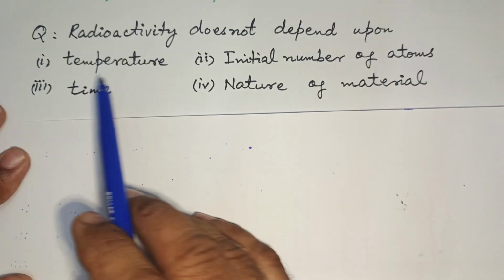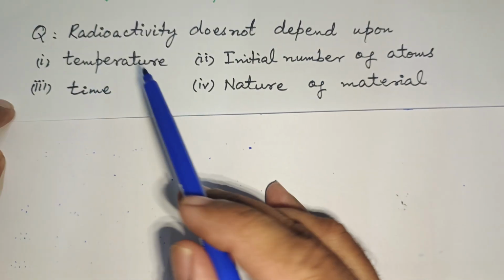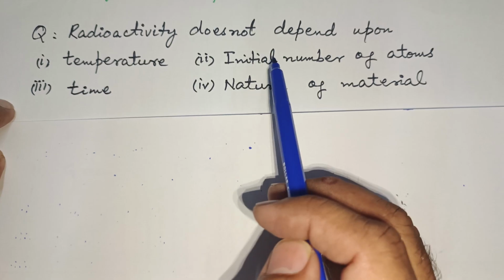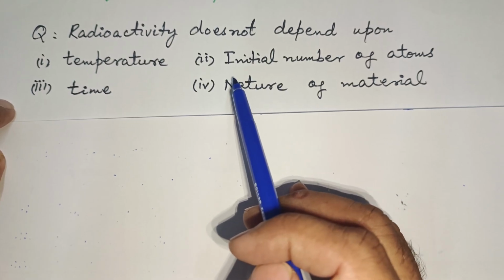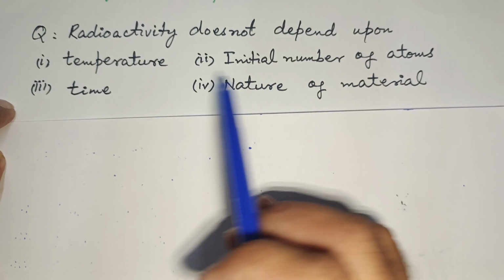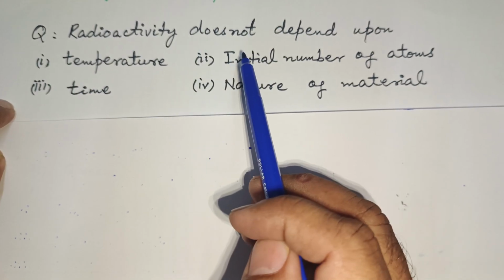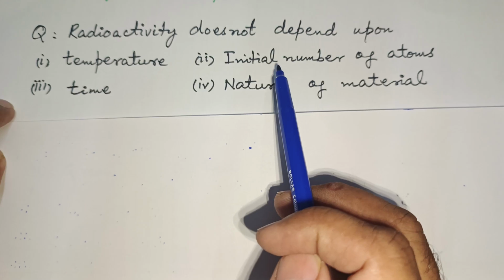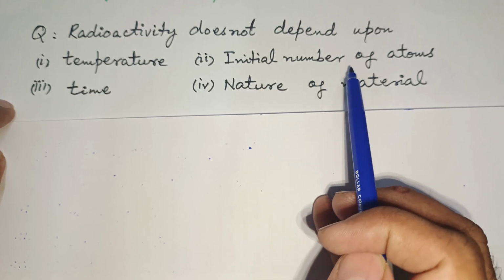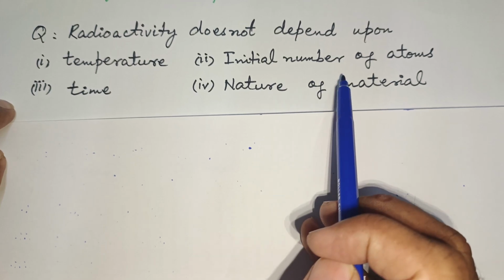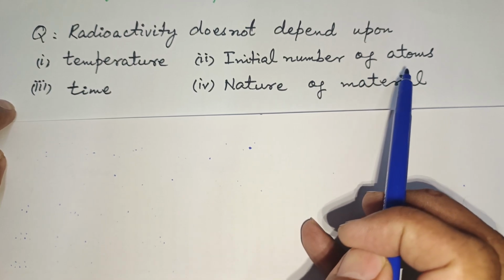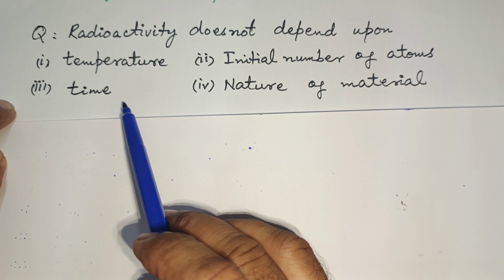Radioactivity does not depend upon what? Radioactivity is a natural process in which elements with atomic number greater than 82 disintegrate spontaneously. Does it depend on temperature, initial number of atoms, time, or nature of material? The initial number of atoms is very important. Time also matters.